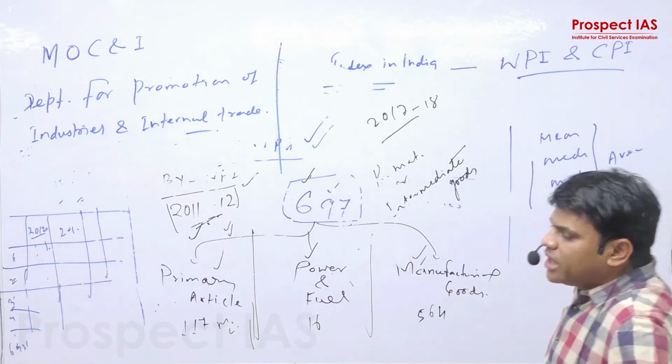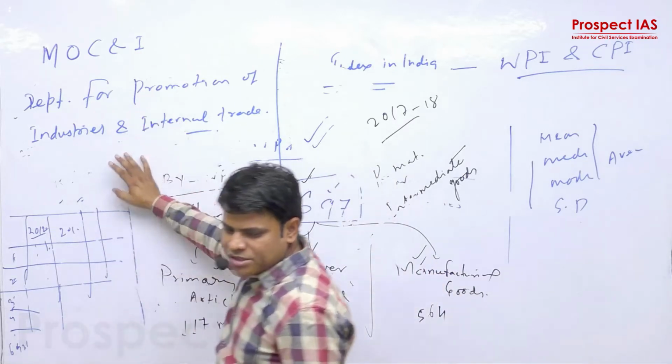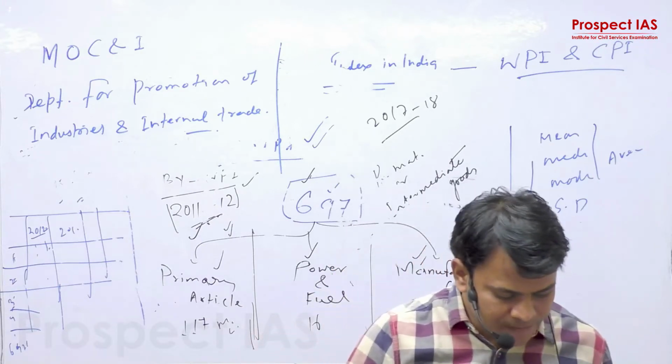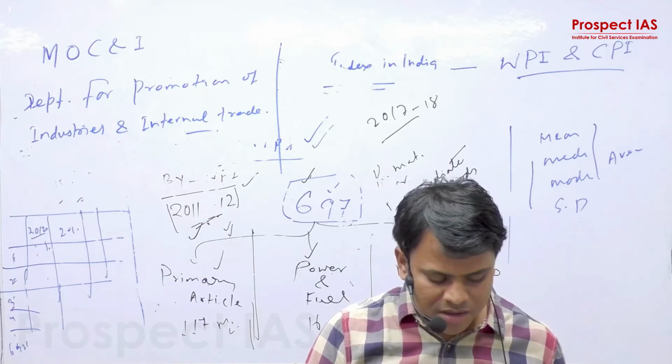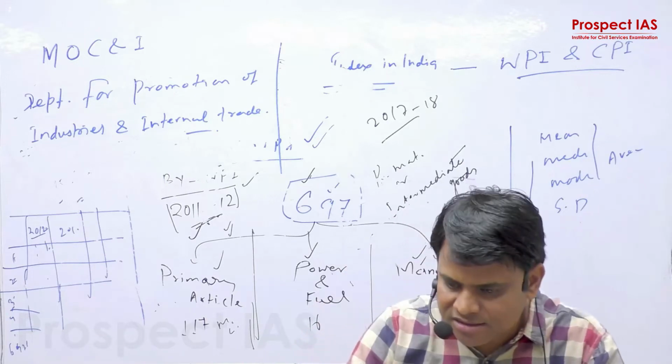So this particular department of Ministry of Commerce and Industries is responsible for publication of WPI on monthly basis. Got it? This is published or released by Ministry of Commerce and Industries.